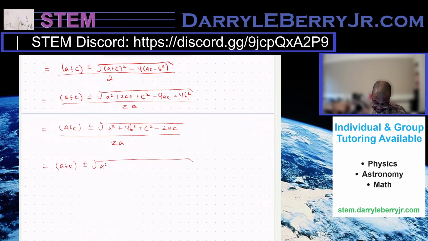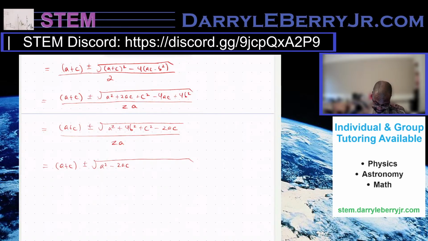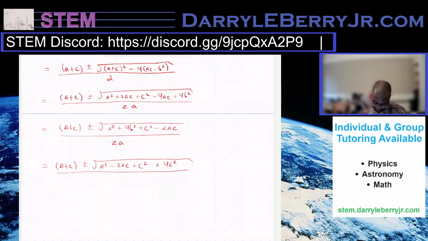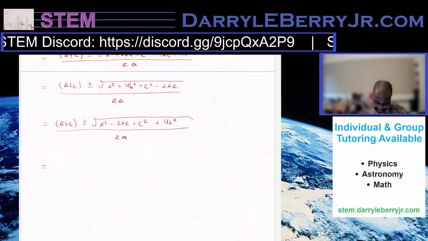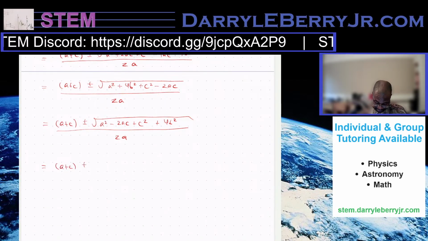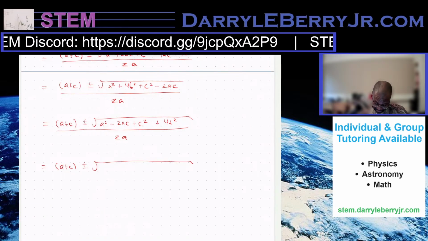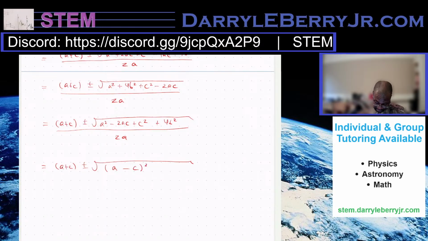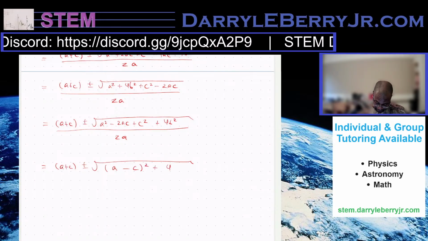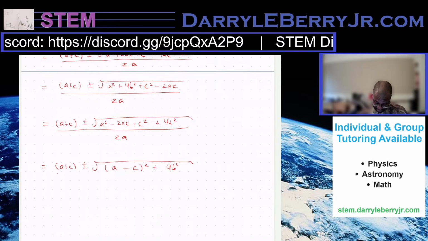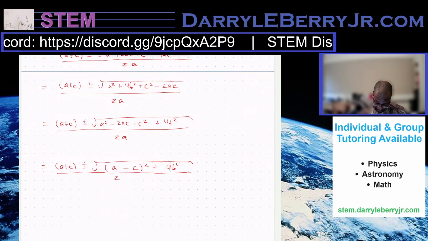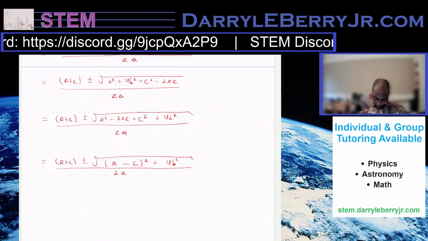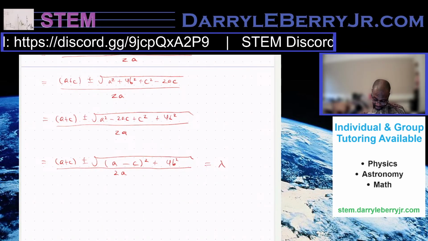I group some things: a squared minus 2ac plus c squared plus 4b squared over 2. So that becomes a plus c plus minus square root of (a minus c) squared plus 4b squared, all over 2. And that equals, we could say, lambda.